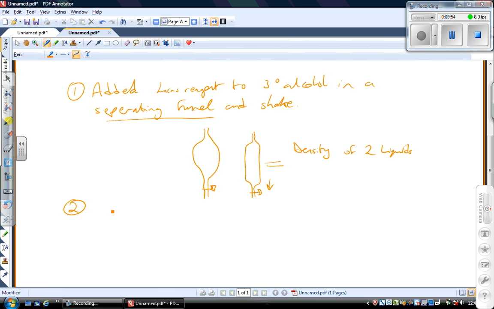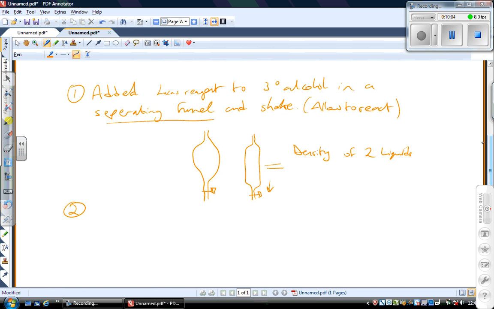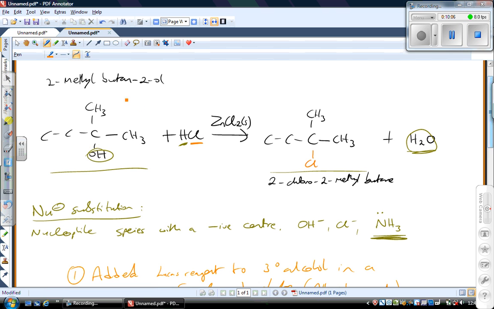So the second step was you shook them and allowed them to react essentially. So you allow your tertiary alcohol to react with the acid, which was according to the equation we just wrote up here. So you're allowing this reaction to take place inside your separating funnel.